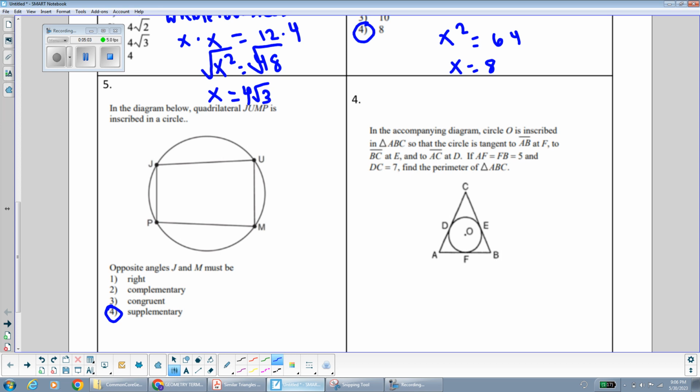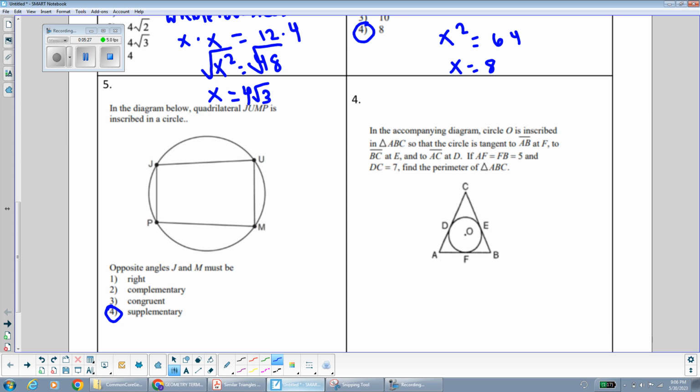Those have opposite angles that are congruent. These have opposite angles that are supplementary because it is a cyclic quadrilateral. It is inside a circle. It is not a parallelogram. It is not a rectangle or a rhombus. It's just a regular quadrilateral inside of a circle, a cyclic quadrilateral.